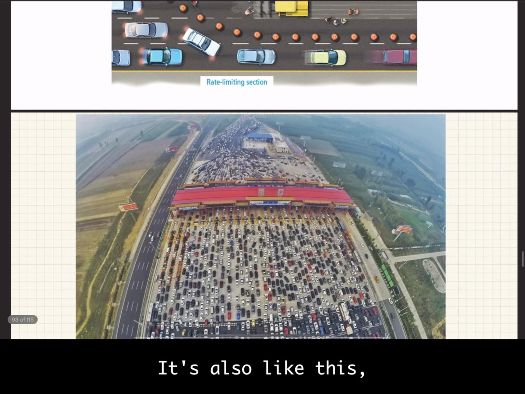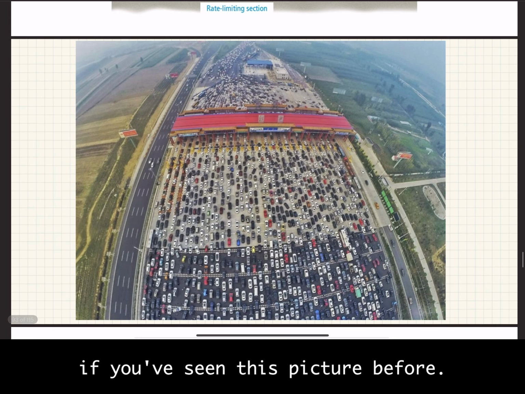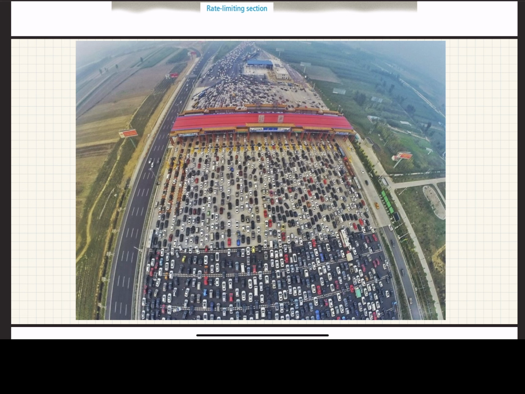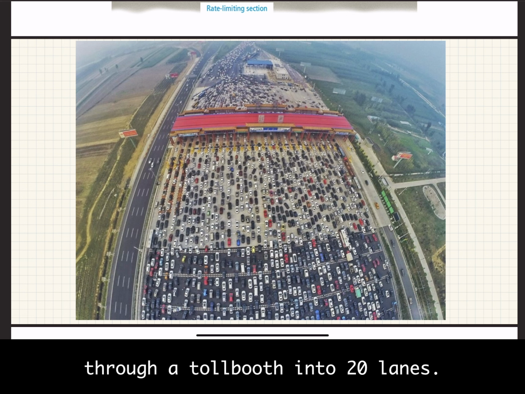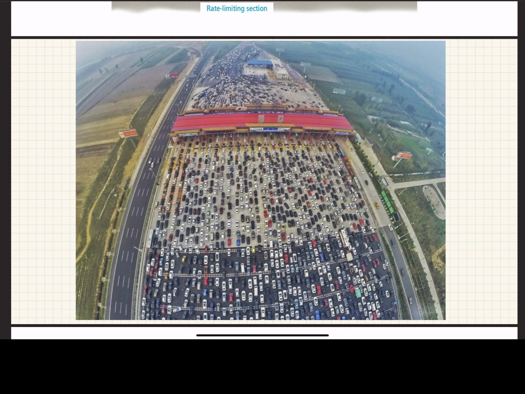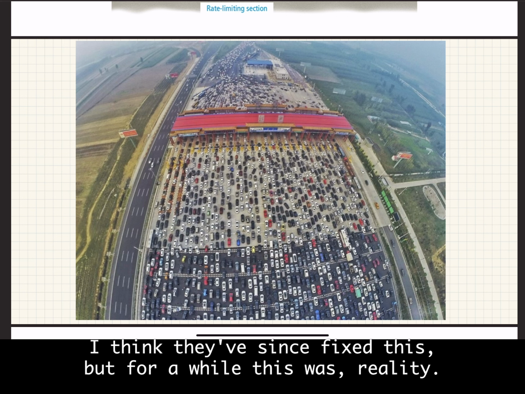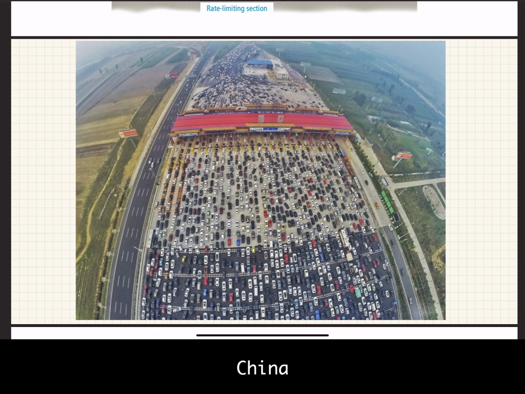It's also like this, I don't know if you've seen this picture before. It's 50 lanes that go through a toll booth into 20 lanes. I think they've since fixed this, but for a while, this was a reality in China. It's crazy.